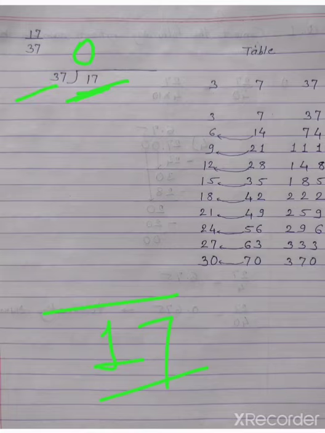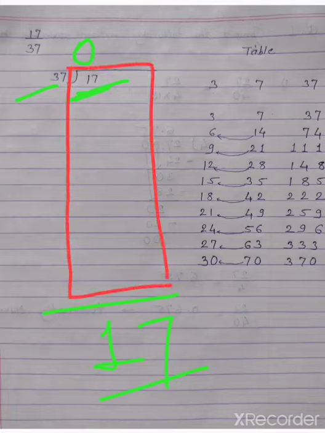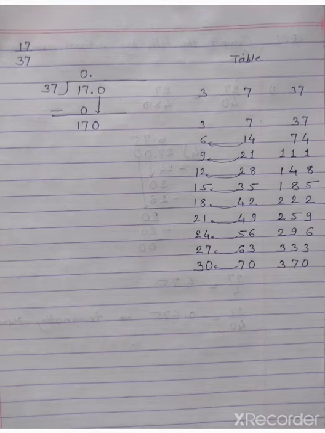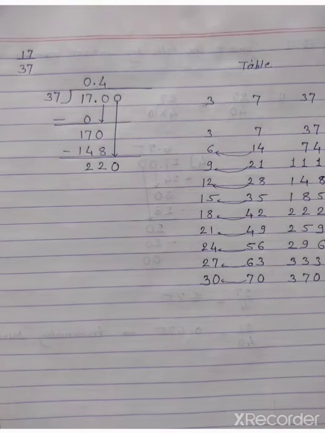So when you get such a situation, stop your process of division because we will get the same format of division in between these two numbers. So here I show it. This is our first division. Next we divide it by 4. So 148 gets subtracted.